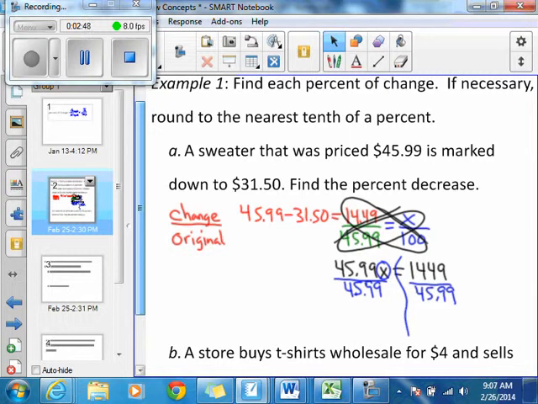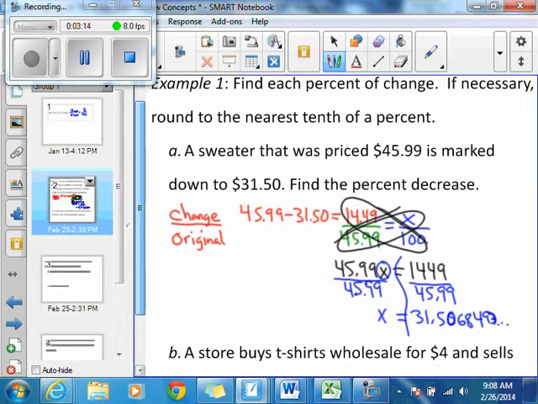So if I type in my calculator 1,449 divided by $45.99, I get 31.5068492, and so on. Okay? Now, when I get that, I'm not going to write that whole number down.